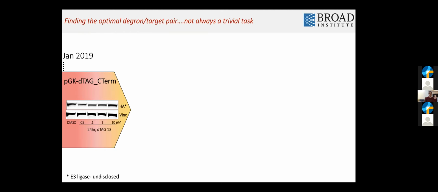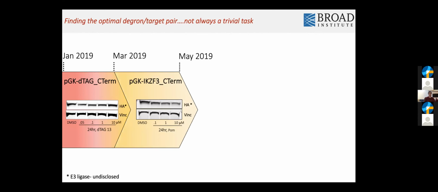Along this line, I'd like to present here a couple of examples from our own experience. Here, we're trying to generate a Degron fusion E3 ligase. And for this project specifically, we needed to develop a construct that will lead to very rapid and complete degradation of the target. And so as shown here, we started off by generating a Degron tag construct cloned at the C terminus of our protein of interest under the control of the PGK promoter, which didn't work.